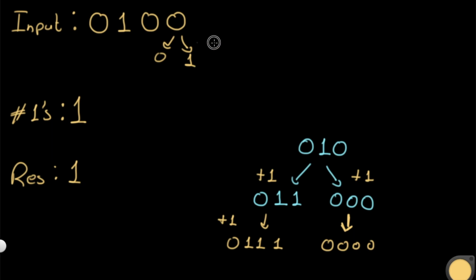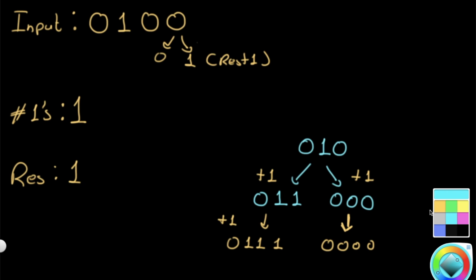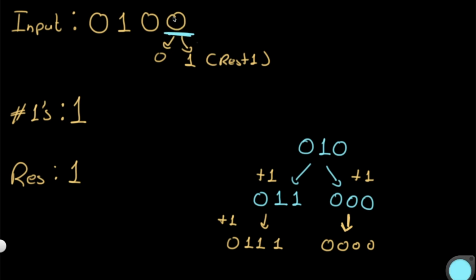Okay, so let's try to break this down, right? So if the 0 becomes a 1, what happens? So the result increases by 1. But if the 0 stays at 0, what is the clause that I have? Okay, and the idea is very simple. If this 0 wants to stay as a 0, everything previous to that must also be 0. That is the basic definition of being monotonically increasing.